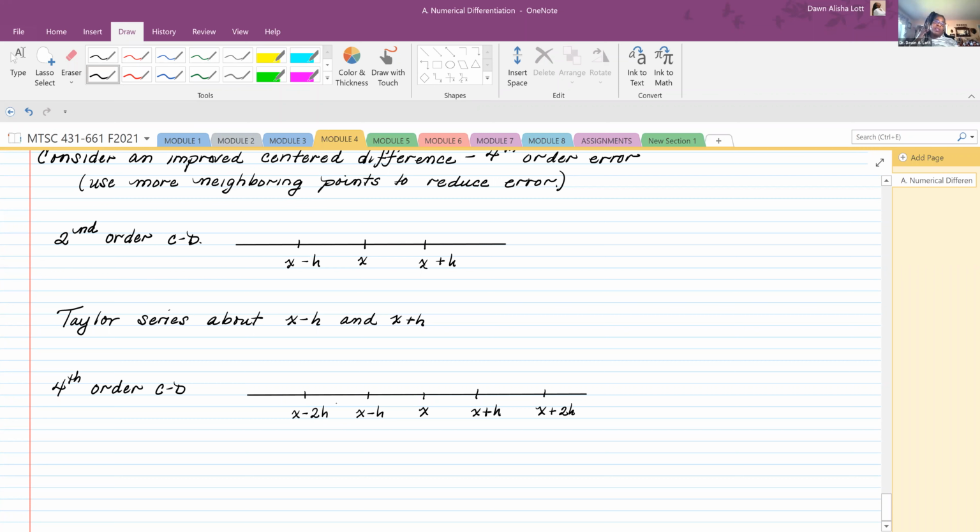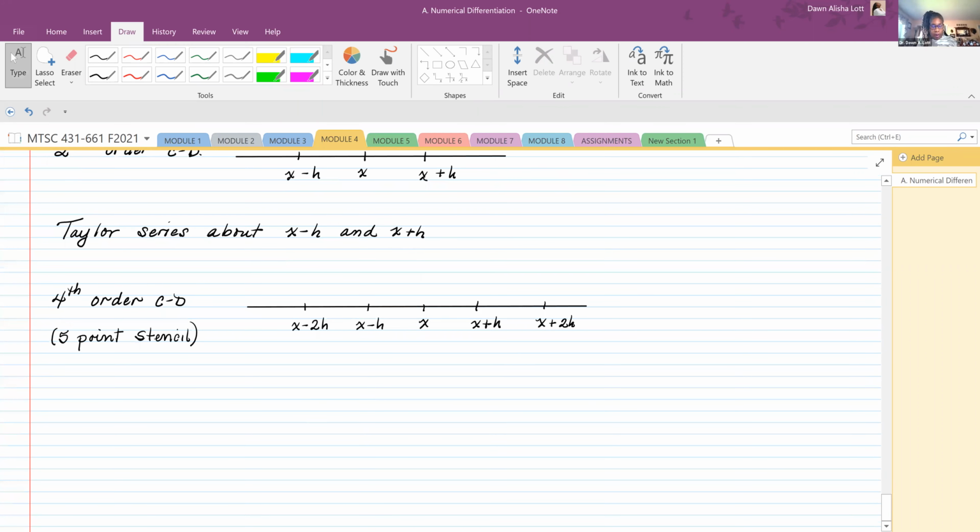So this is a 5-point stencil, okay? That means I'm going to do Taylor series now about all of those. So I'm going to use f of x plus h, let me do f of x plus 2h.